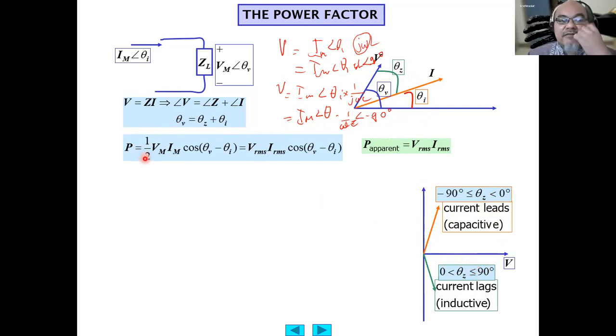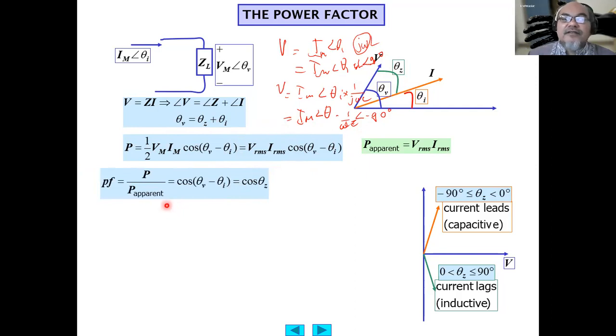The power, the instantaneous power, will be equal to 1/2 times Vm times Im cosine of theta V minus theta I, and this difference equals theta Z. This equals Vrms times Irms cosine theta Z. The apparent power equals Vrms times Irms.